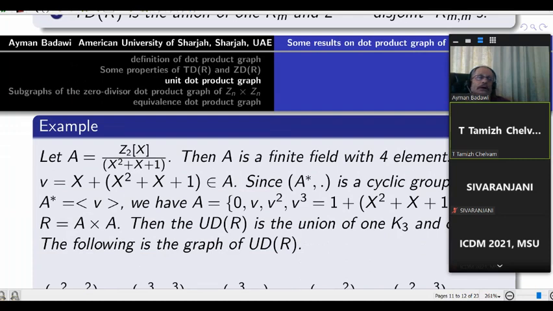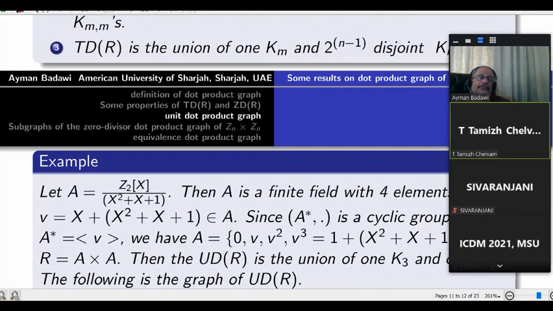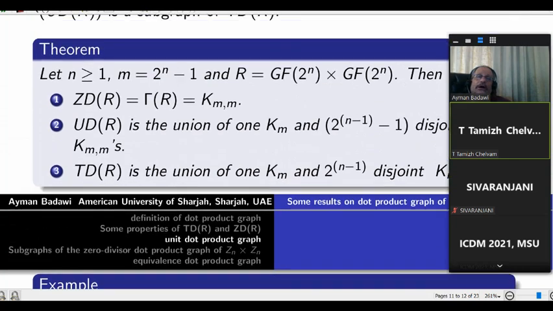Yes, go ahead. That m is nothing but 2 to the power n minus 1. Yes, this m is m, because when the ring has characteristic 2, it behaves a little bit differently.